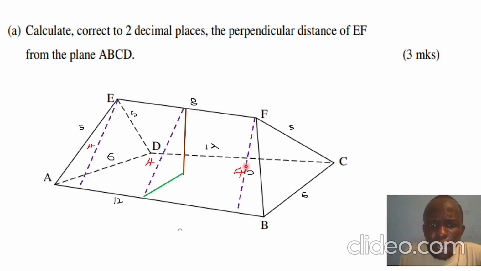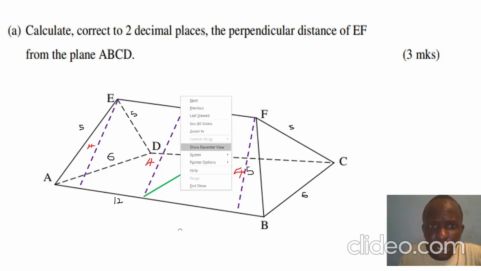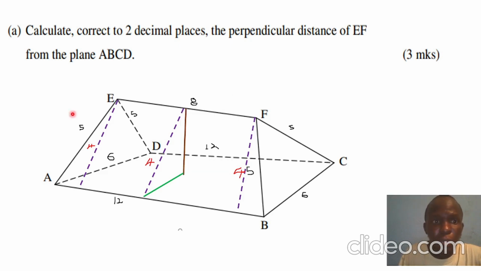After getting the slant height, how will it be helpful for us? We have that as 4, and we already have this base being equal to 3 because of 6 divided by 2.